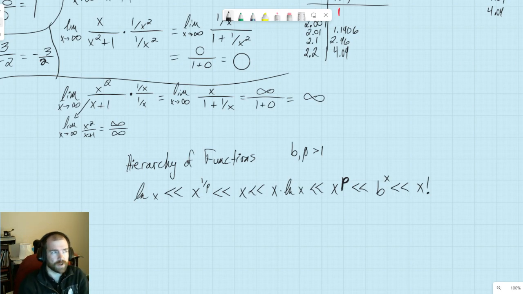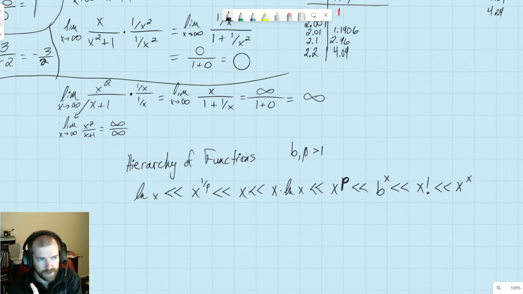So factorial functions are ridiculously fast. I think actually x to the x is bigger than that, but yes, right, because 10 factorial is 10 times 9 times 8 times 7 times 6, etc., down to 1, whereas x to the x is going to be 10 to the 10th, so it's 10 times 10 times 10 times 10, 10 times. So, yes.